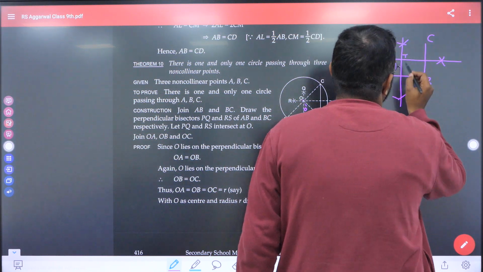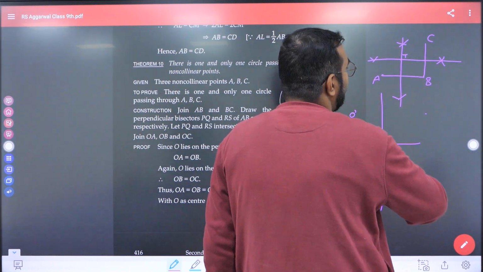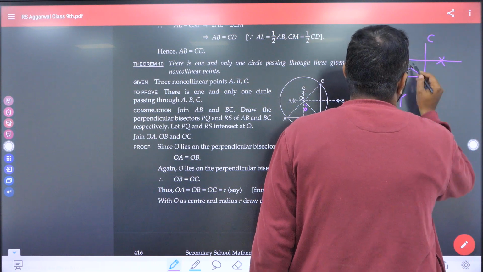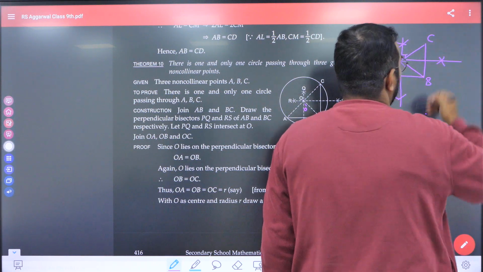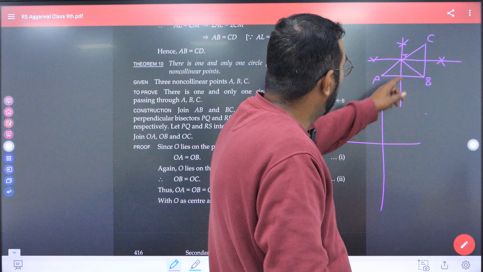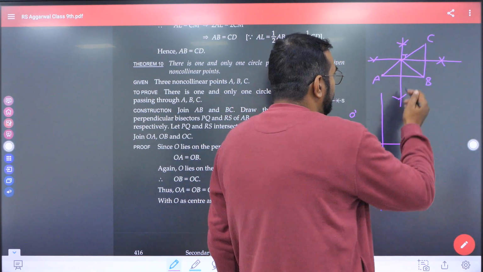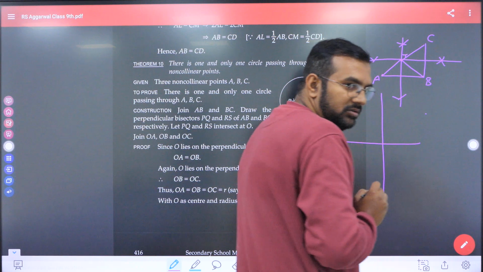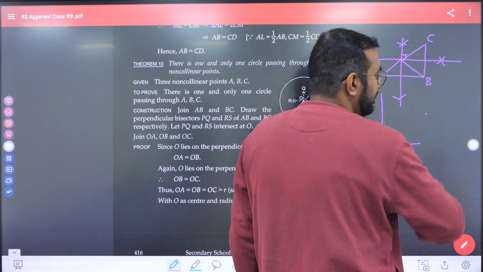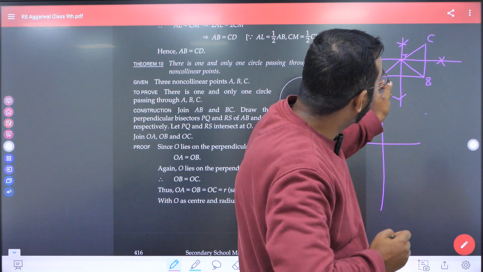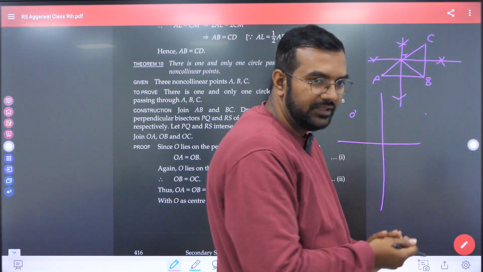Suppose they intersect at point T. You will take T as the center, and radius equal to either AT or BT or CT, it depends on you, because AT, BT and CT are equal. So T will be the center, and you can take AT as radius and draw a circle that will pass through A, B and C.